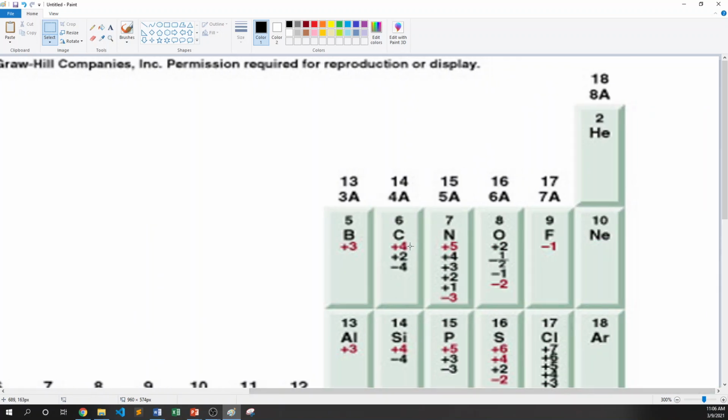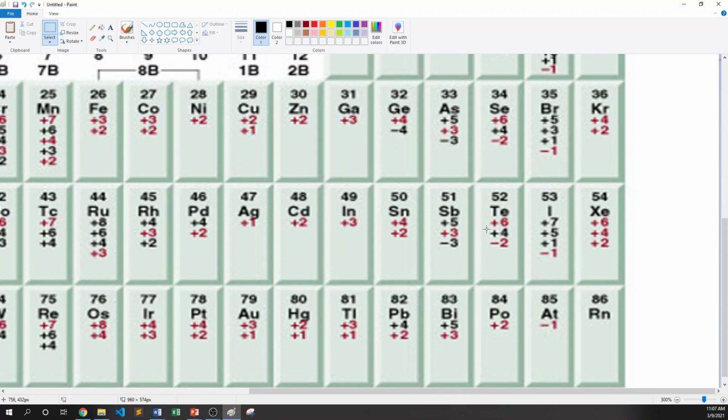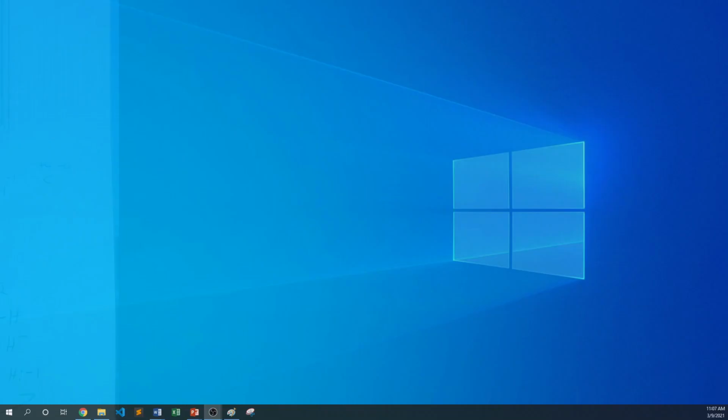So carbon can be +4 or -4. It's usually +4. There is a chance it could be +2. The half numbers are really weird to work with. Oxygen is normally -2, but there are sometimes some situations where it's not. That's just showing the common oxidation numbers.